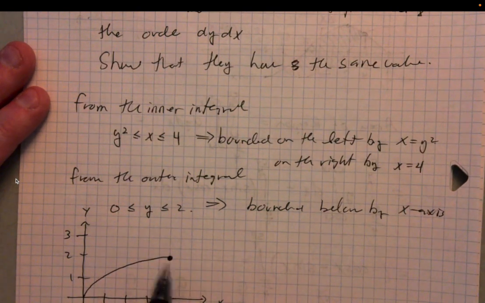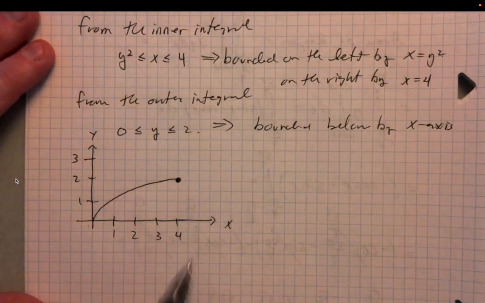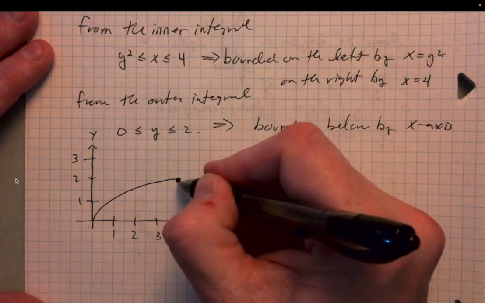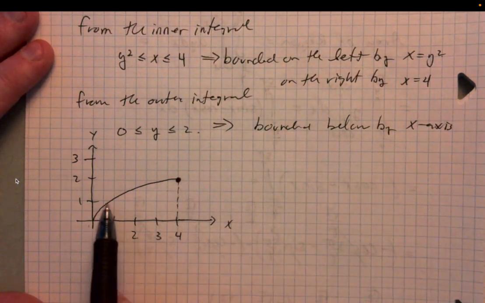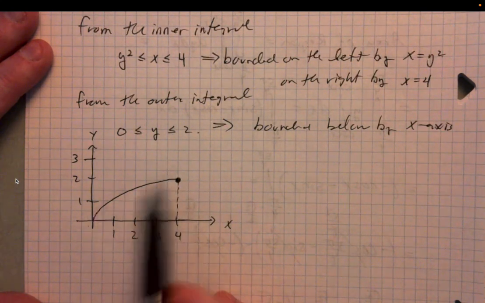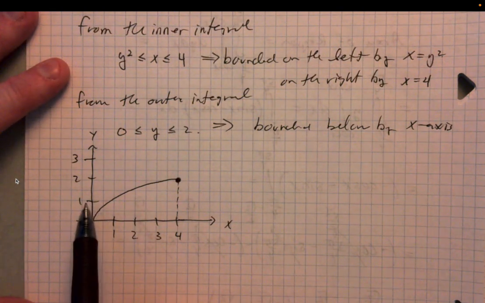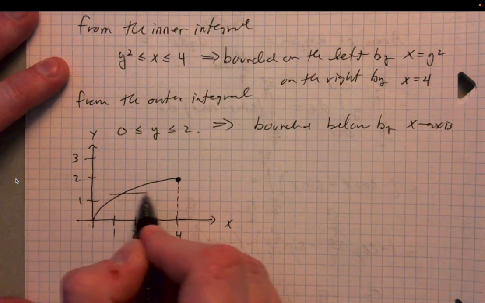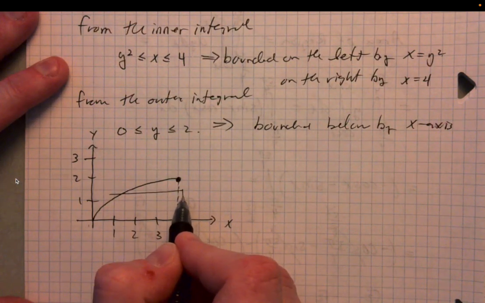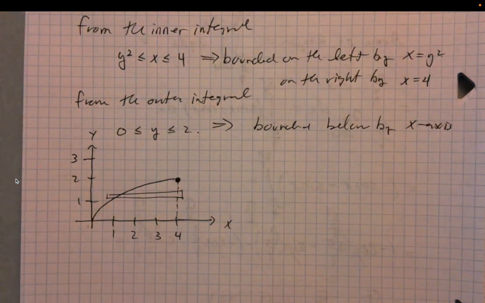x equals y squared means x is a function of y, so the parabola would be kind of turned 90 degrees. And so x is between y squared, which is this curve, and x equals 4. So your delta y's would run like this, because it's written as a dx dy.